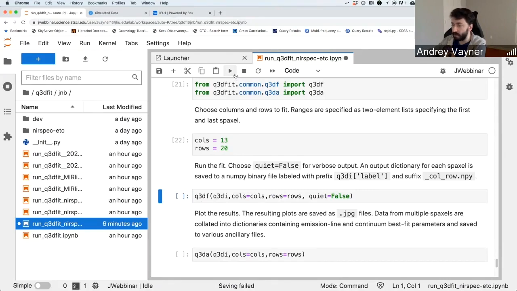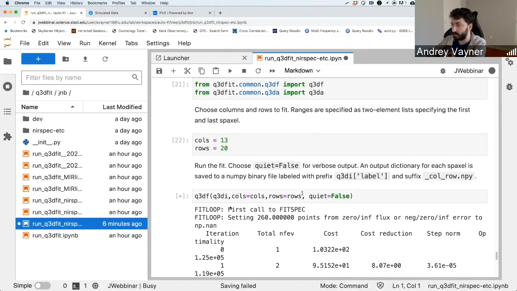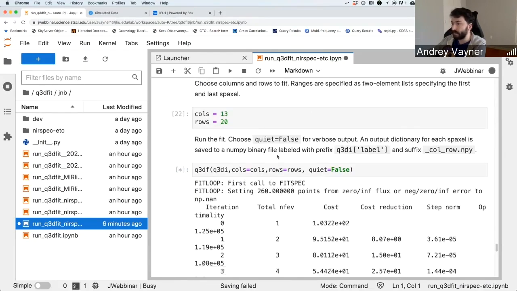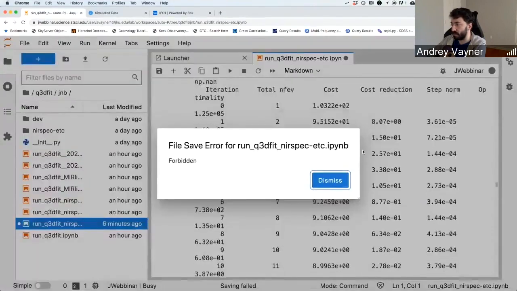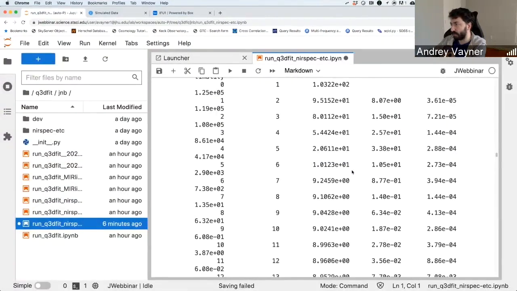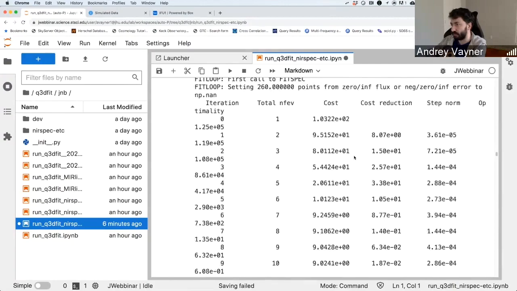All right, so we're going to run the Q3D fit here on this one spaxel. It's just going to spit out some information about the continuum and the emission line fitting, and a lot of this just comes from L1 fit.